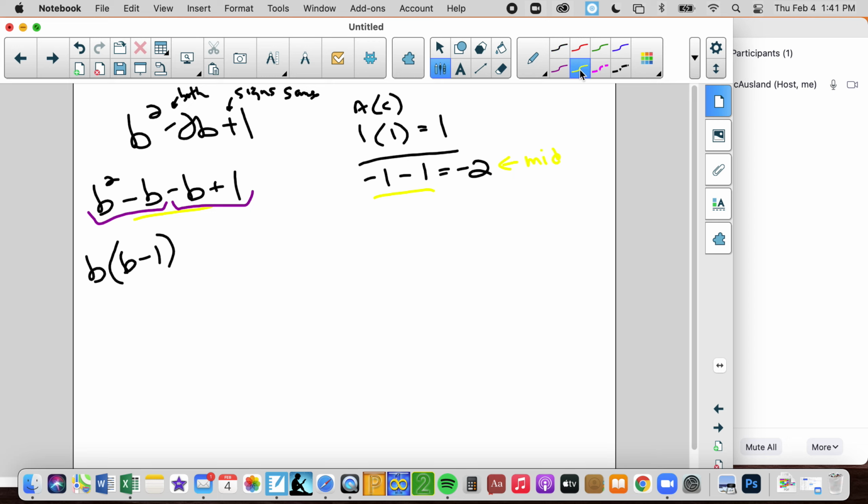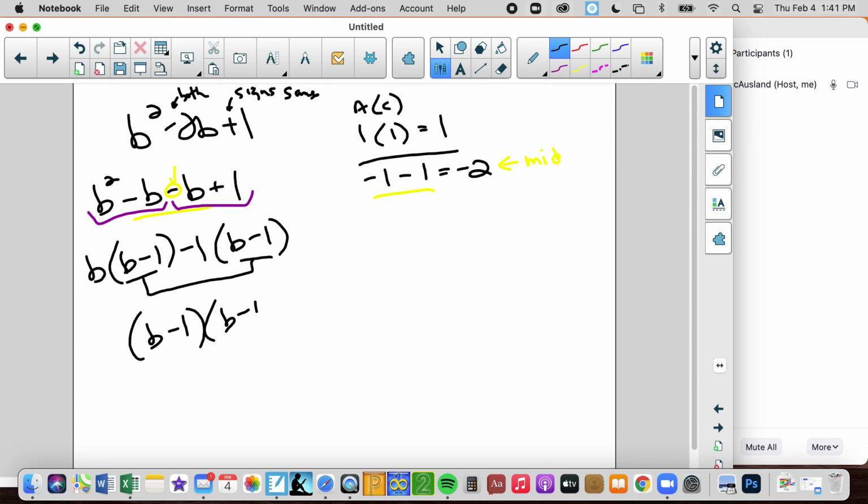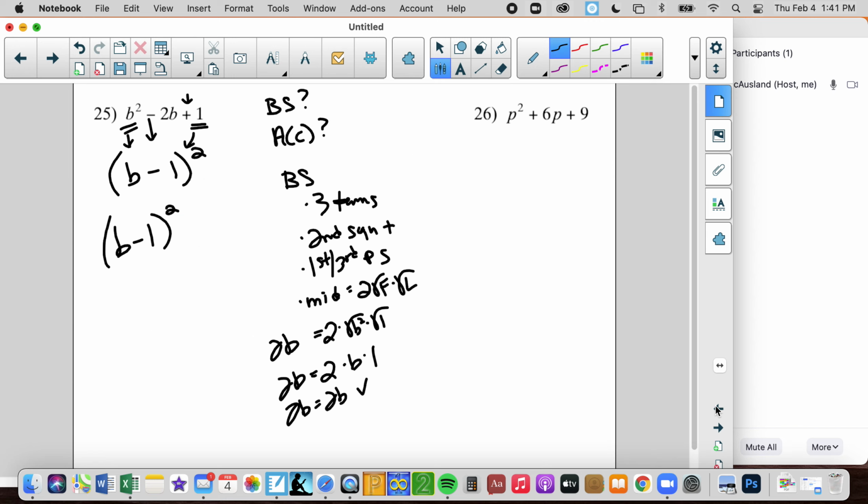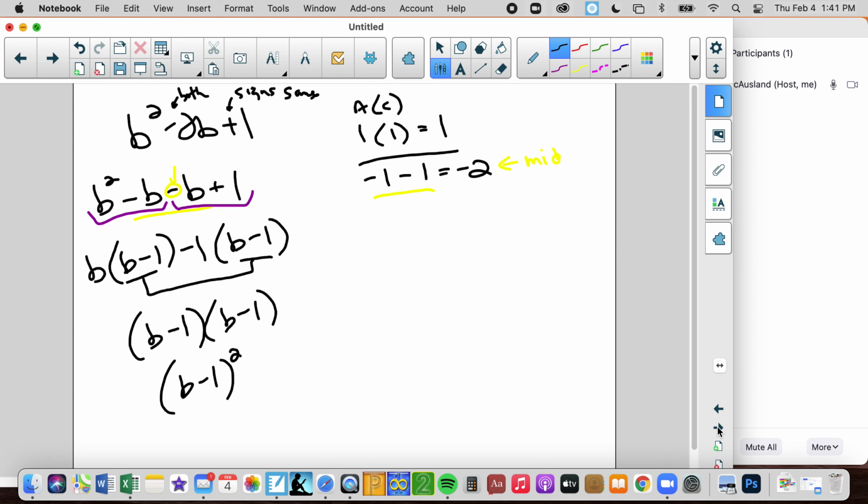Notice my second term is negative, so I have to factor out a negative 1, and I get B minus 1. I know I did it correctly because these two are the same, so we get B minus 1 times B minus 1, which could be written as the quantity B minus 1 squared. So same answer as that. It's just we solved it through A times C.